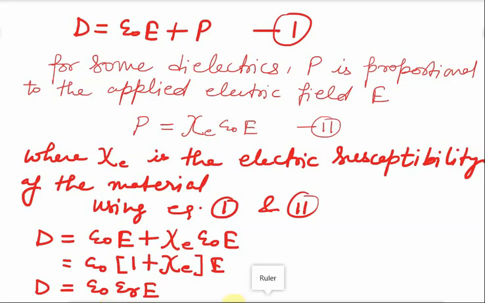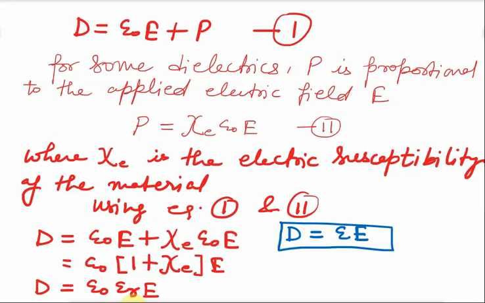So we can write D equals epsilon E, where epsilon is epsilon 0 epsilon R. The permittivity of the medium, denoted by epsilon, equals the product of absolute permittivity, that is permittivity in free space, and the relative permittivity. So epsilon equals epsilon 0 epsilon r, and what is epsilon r?